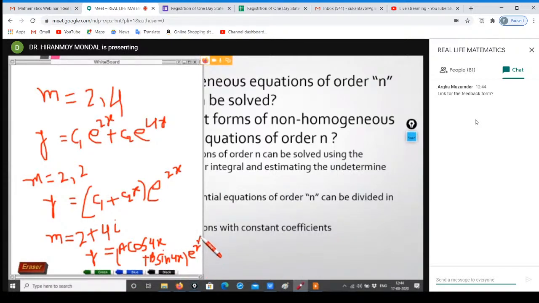There are three procedures for the complementary function of the solution of this differential equation. These are the processes to solve for the complementary functions.